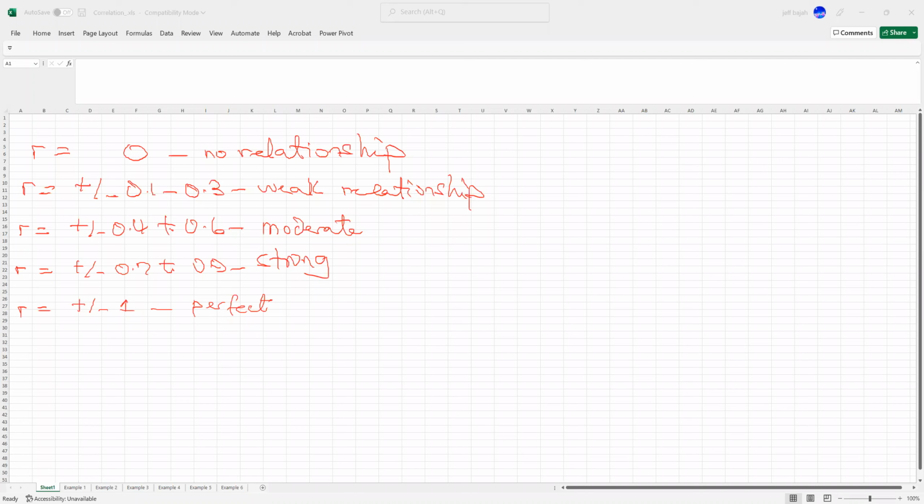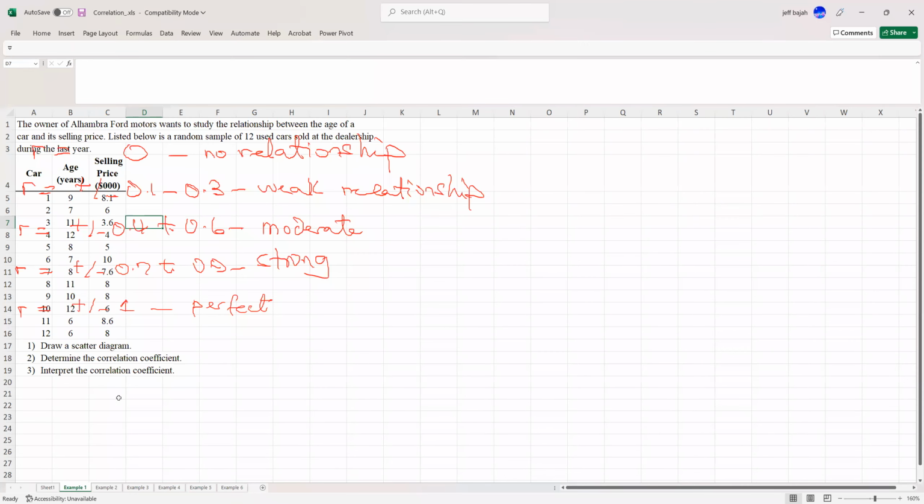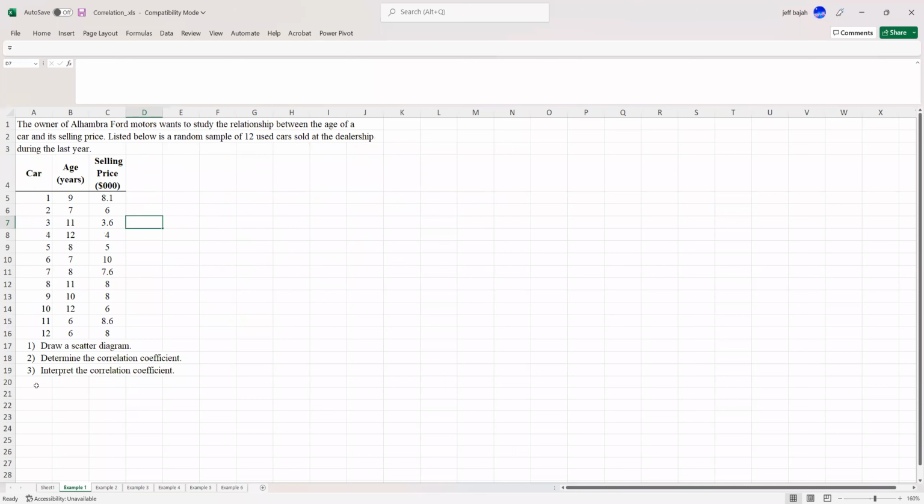Now, what we're going to do real quick is we're going to solve 1 or 2 questions to show you how to find this, and it's extremely easy, right? Now, let's look at example 1, and let's look at how we can solve this question. This one says that the owner of Alhambra Ford Motors wants to study the relationship between the age of a car and its selling price.